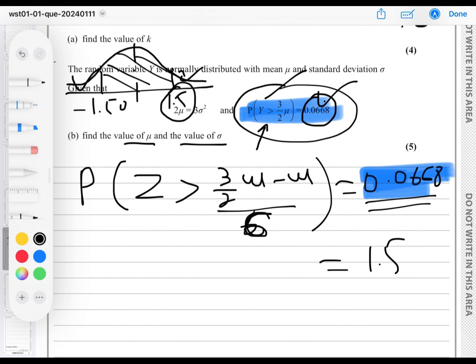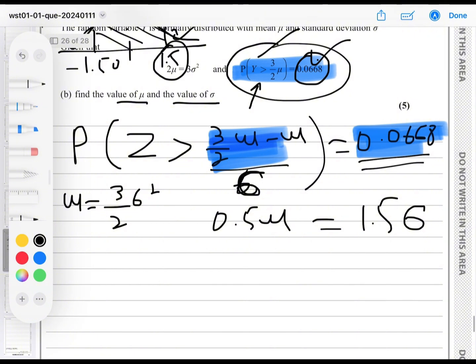And now solving this one, the standard deviation will go to the other side, and simplifying this, 1.5 minus 1 will be 0.5 mu. Now we got two equations here. The first one was given in the question and I just arranged it here.